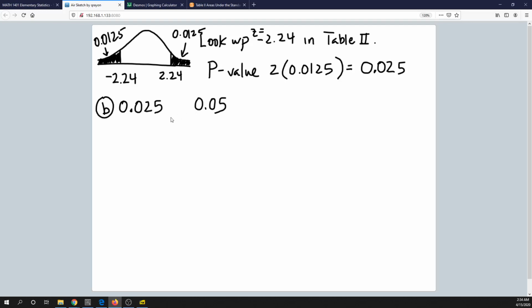In this case, we see that the p-value is less than the level of significance. And so that means we are going to reject the null hypothesis H0 in favor of the alternative hypothesis. All right, and so that's how we make the decision for this two-tailed test.